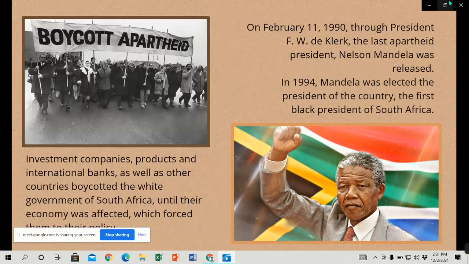So with that, from the 1948 or 1950s going into 1994, the apartheid system has fallen, and democracy and liberation and the rights of black South Africans have been given to them.